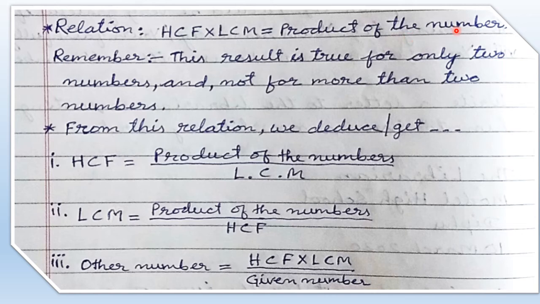So two numbers here and HCF, LCM all together make four elements. Out of four, if three are given and one is not given, then whichever is not given, we can find it out using these three relationships. Okay, so now we will move to the other thing, that is the exercise.